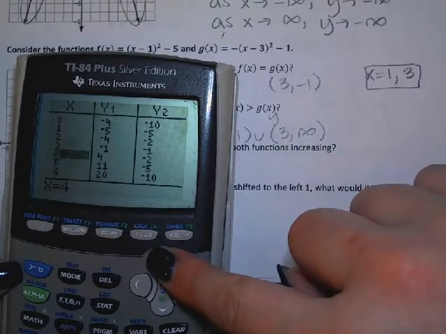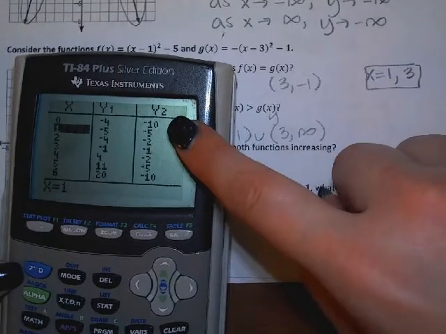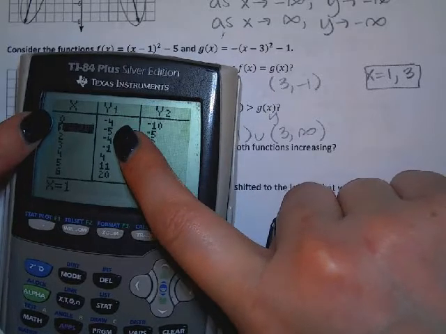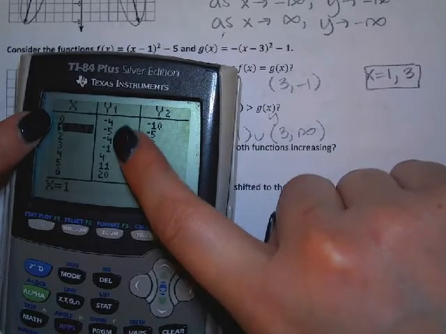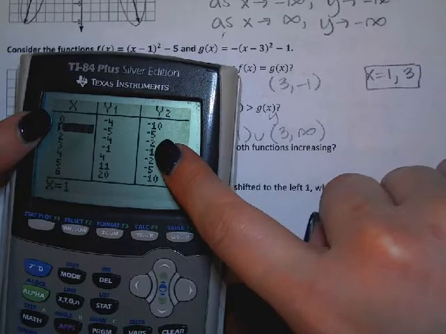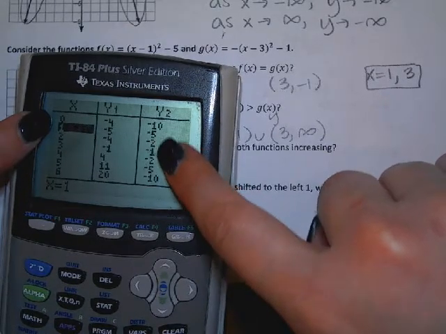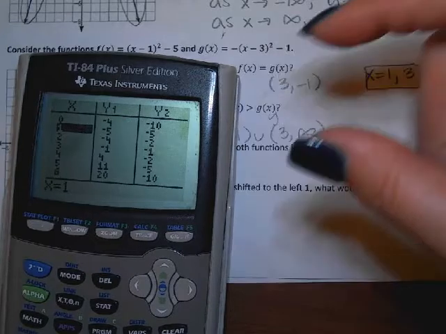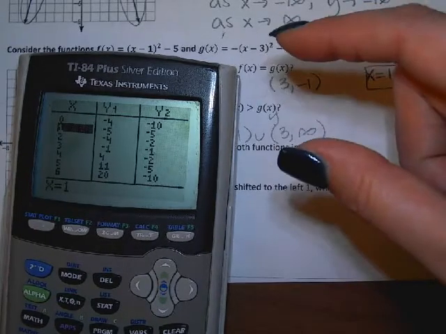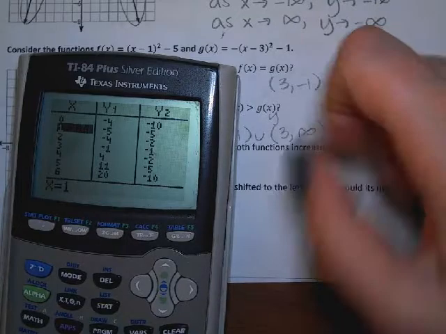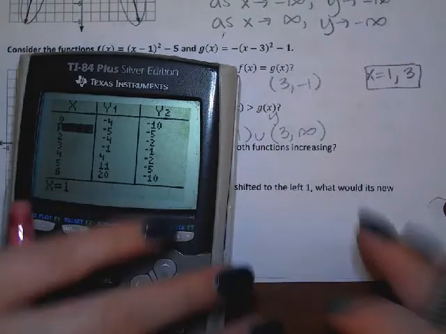So the only spot where the two graphs are increasing at the same time is right here from 1 to 3. -5, -4, -1, those are becoming less negative. That means they're increasing. Here, -5, -2, -1, that means they're increasing because they're becoming less negative. So that's the only spot where both of them are increasing the y values at the same time. So that's a way to check your answer if you want. I know that this way probably doesn't make as much sense as the picture.